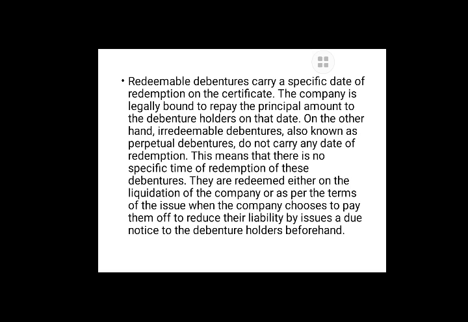Redeemable debentures are redeemed after expiry of the fixed period, whereas in case of irredeemable debentures, the company is not liable to repay the amount of debentures during a certain period. It may repay at any time during its lifetime. Debenture holders cannot compel the company to repay debentures at a certain point of time.